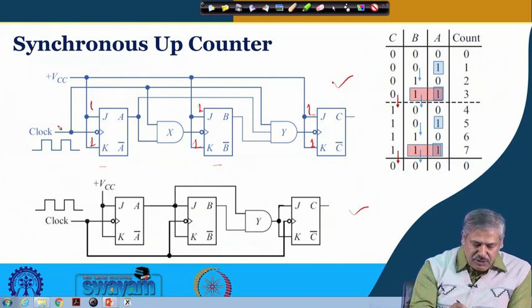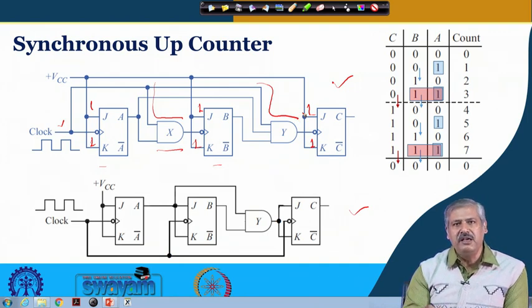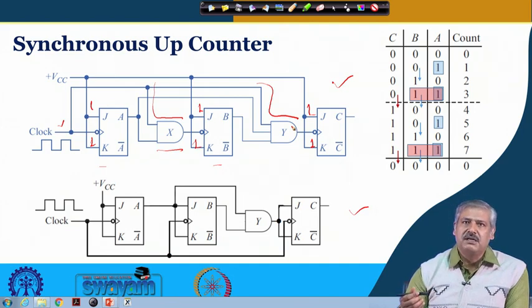You can see this clock is fed here into flip flop A, this clock is again fed here through an AND gate, we will come to that AND gate part a little later, and this is also fed here. So effectively the clock is available to all the 3 flip flops, which makes it a synchronous counter.